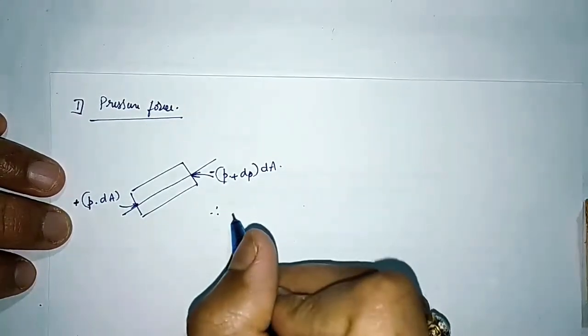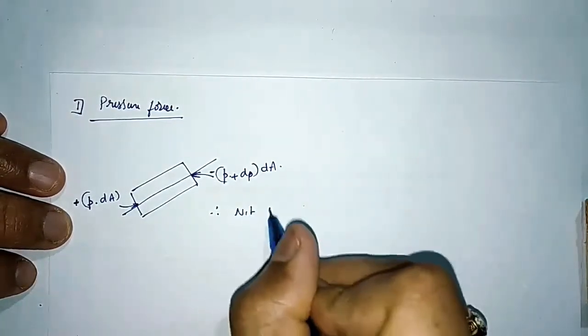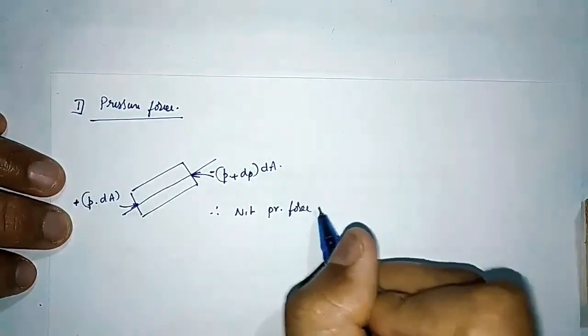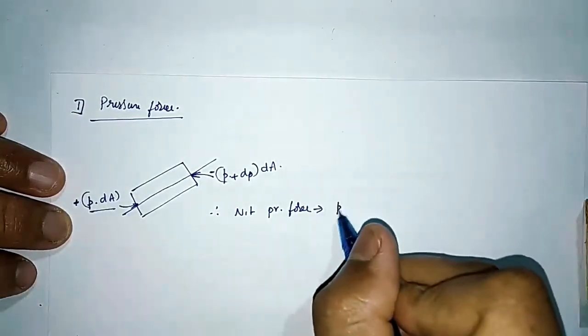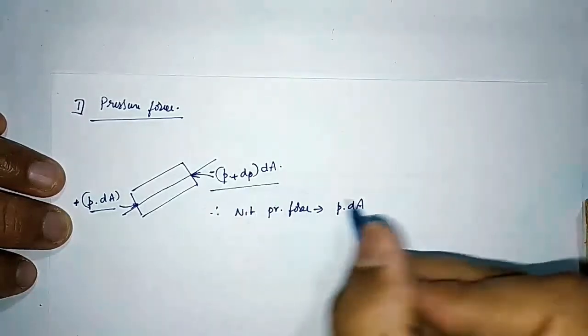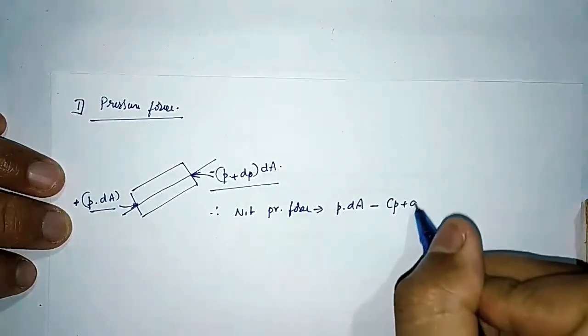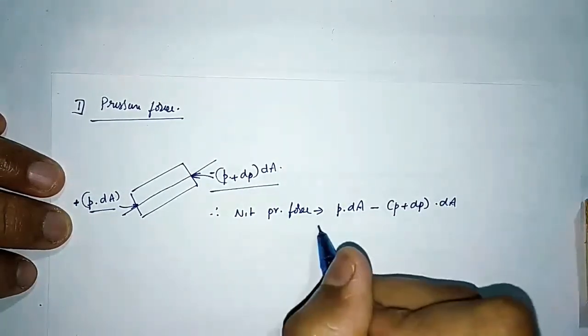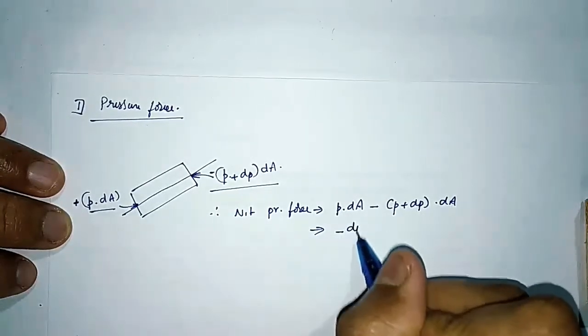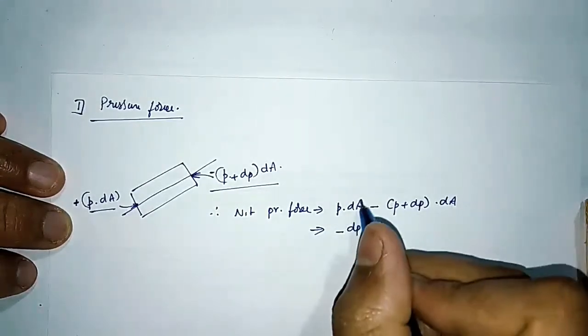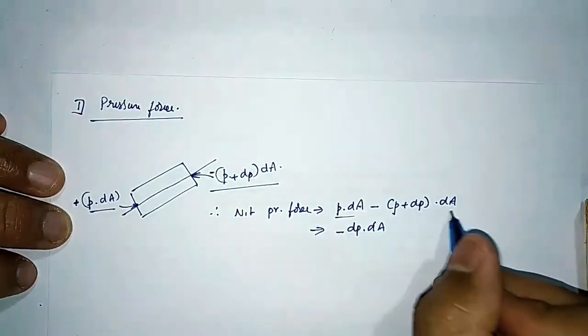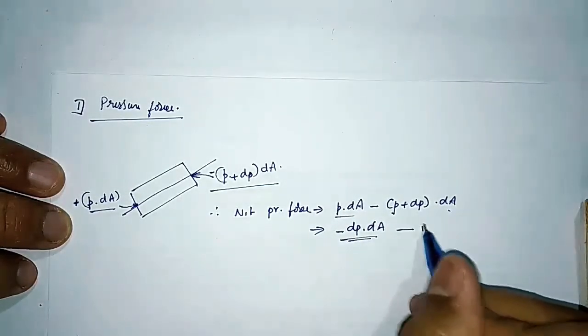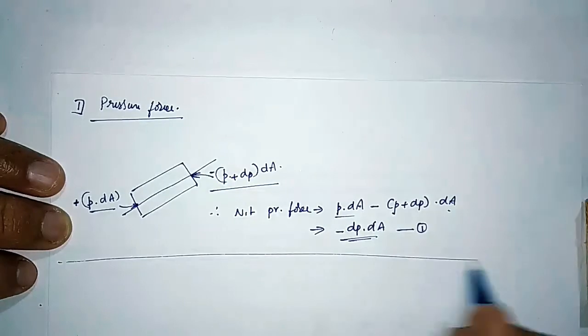Therefore net force acting is equal to, we have to add these two now. So P into dA minus P plus dP into dA. So when you simplify this equation we will get minus dP into dA as the total net force acting on this fluid element. Let us take it as equation 1.